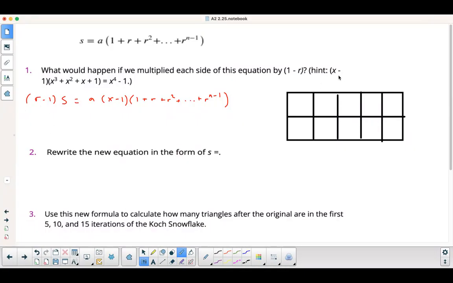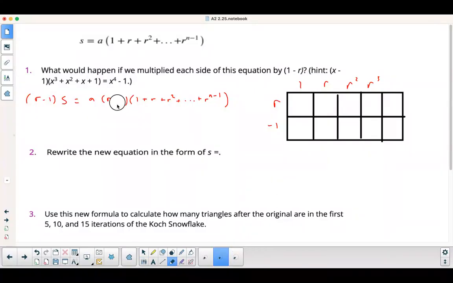It should have been r minus 1, there we go. Oh, I'm still wrong.